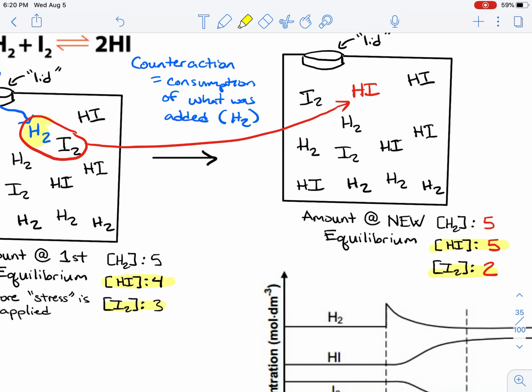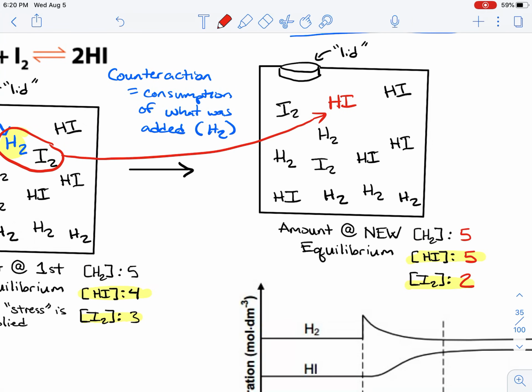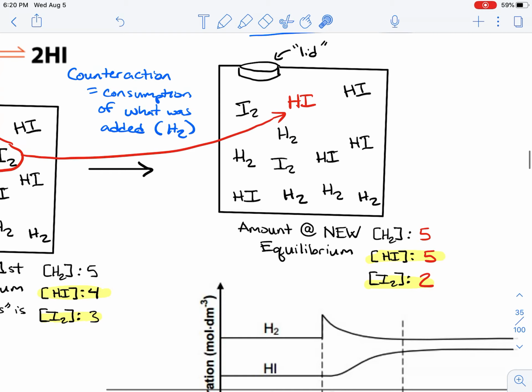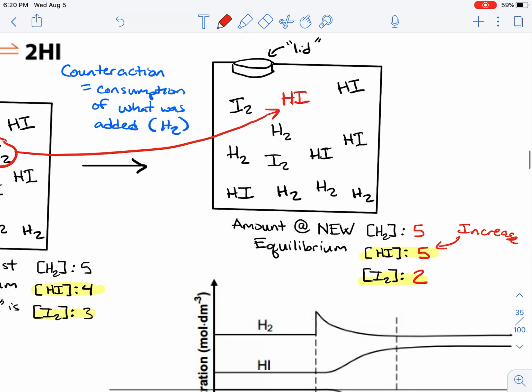Notice that the amount of H2 stays the same at the new equilibrium compared to the old. And so overall, since we have an increased amount of HI, we can confidently say that the production of products is favored. Therefore, the equilibrium will shift to the right to counteract the addition of this H2 gas.